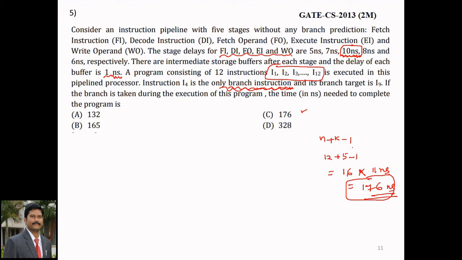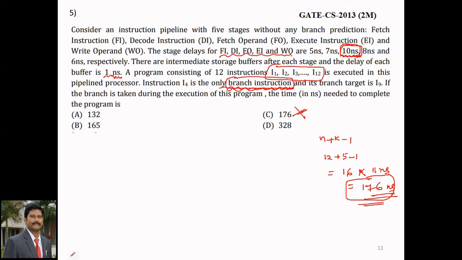N plus k minus 1, that is n equal to 12 instructions, k equal to 5 stages, minus 1, that is 16, into each clock cycle the maximum, 11 nanoseconds, because we need to consider 10 plus 1, that is 176. This answer will also be there in the C option, okay, but this is a wrong answer because there is a branch instruction.